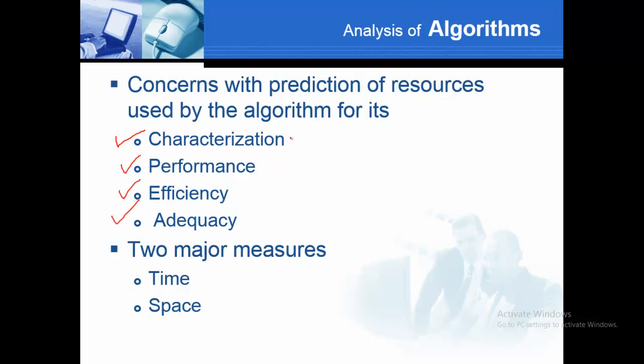Keep in mind these four. We want these characteristics to measure two major measures, the time and the space. That is why we write algorithms: for characterization, performance, efficiency, adequacy, and also time and space.